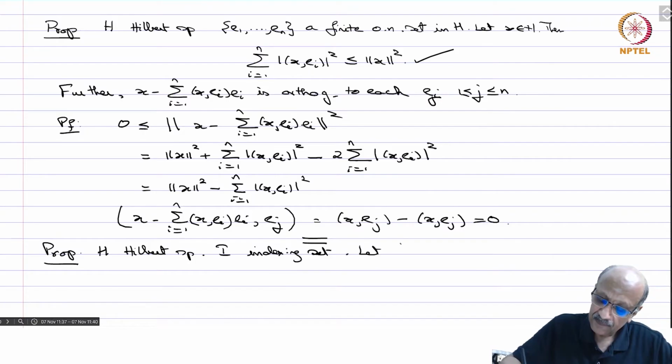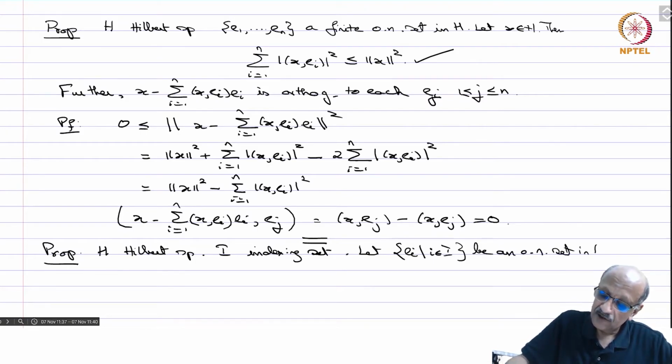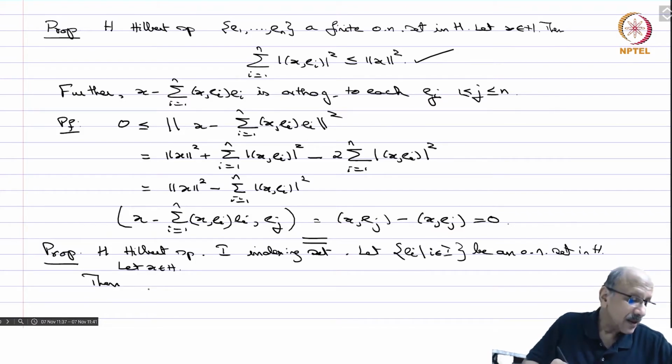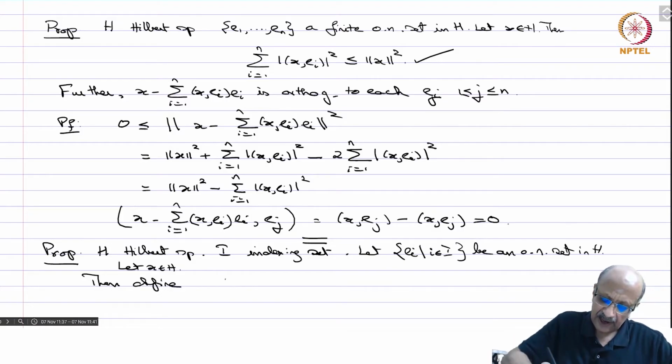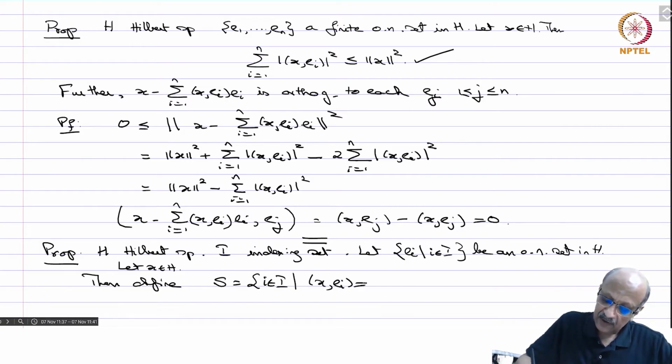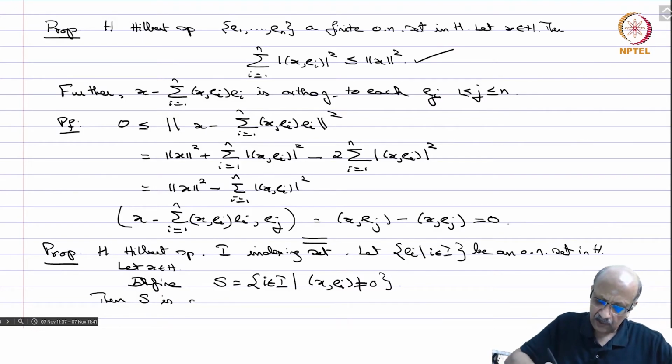And let e_i, i in I, be an orthonormal set in H. Then let x belong to H, and define S equals the set of all i in I such that <x, e_i> is not 0. Then S is at most countable.